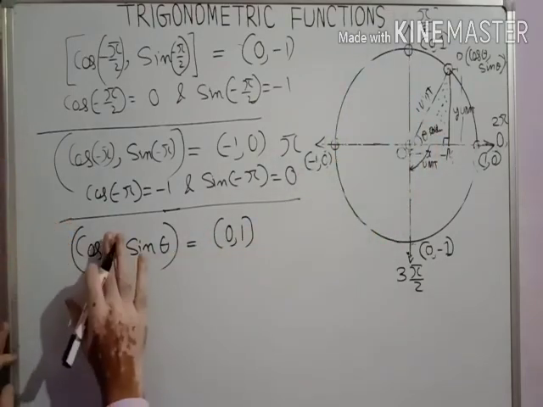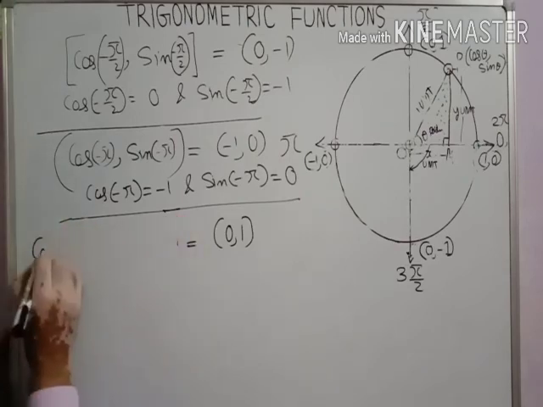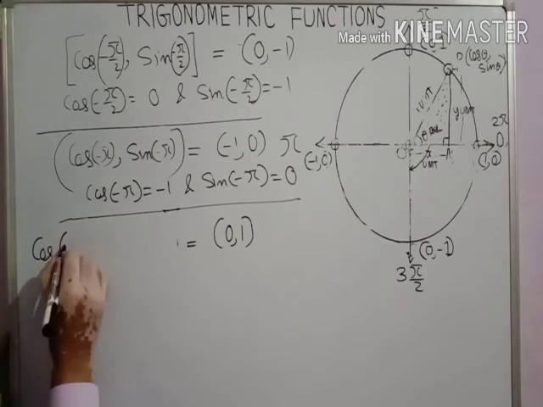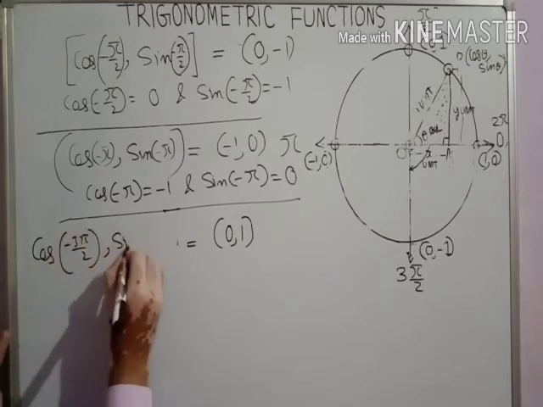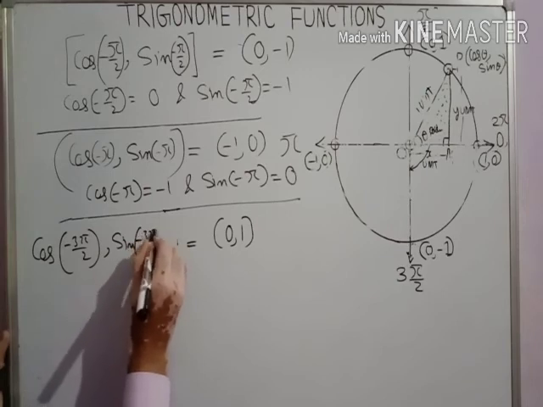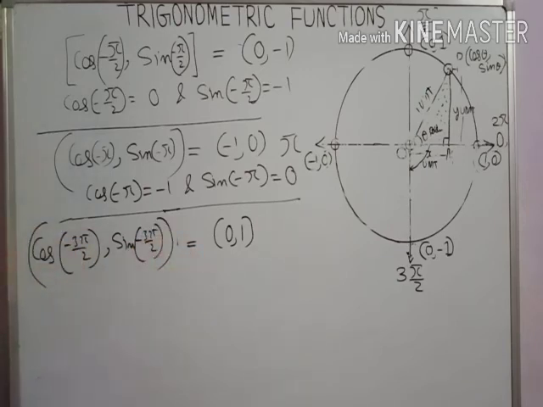It means we can write here cos minus 3 pi by 2 comma sin minus 3 pi by 2. 3 pi by 2 means 270 degree. You see, cos minus 3 pi by 2 is equal to 0 and sin minus 3 pi by 2 equals 1.